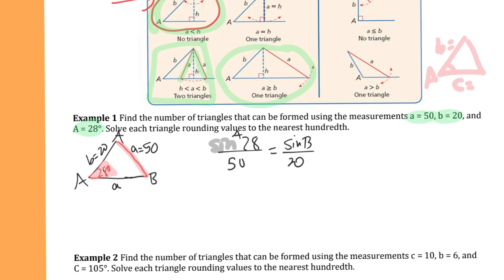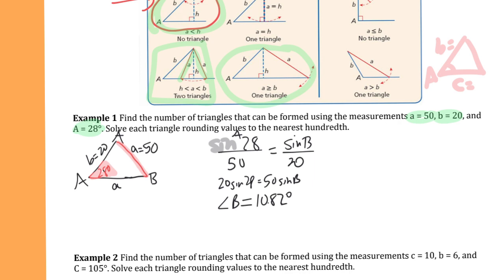If we cross multiply and solve this, you don't have to show every step, but you do need to show the setup. You're going to do 20 sine 28 equals 50 sine B. Divide both sides by 50 and then take inverse sine. The measure of angle B is going to equal approximately 10.82 degrees.